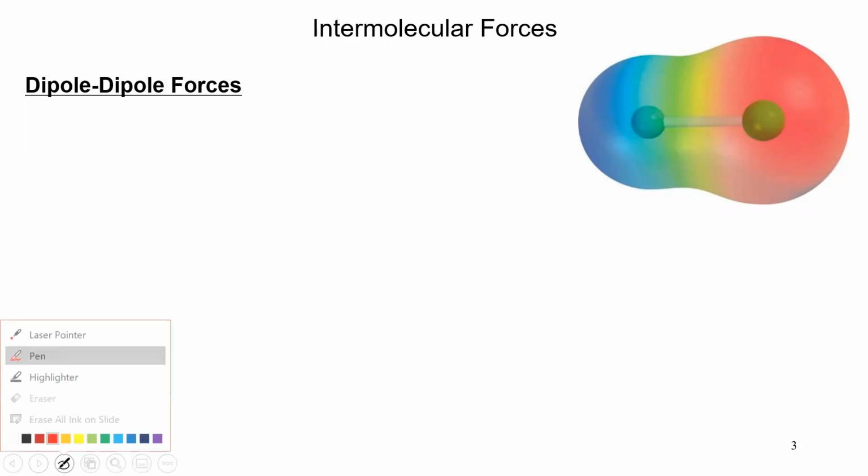So the first type that we're going to discuss are dipole-dipole forces. Hopefully from chapter 10, you remember that polar molecules have this unequal sharing of electrons, and so we end up with this uneven electron distribution.